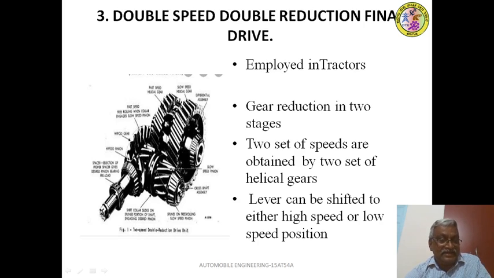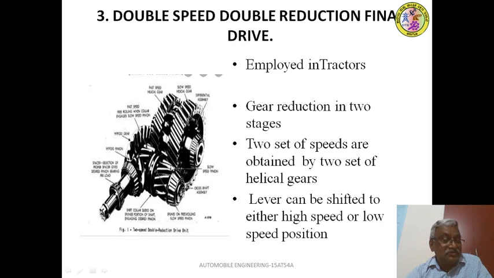This crown wheel carries a stub shaft, and on this stub shaft, two helical pinions are mounted and they are revolving freely in fixed positions on their bushes. In between them, a dog clutch mechanism is provided.